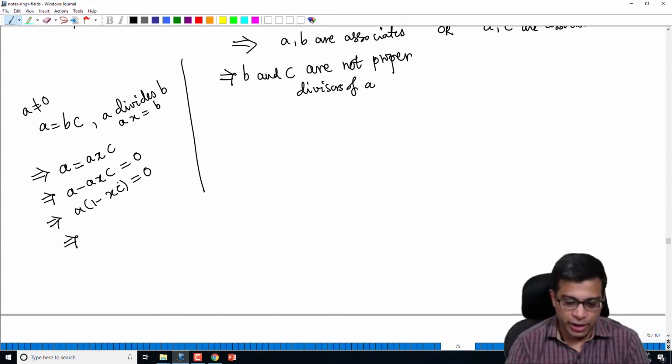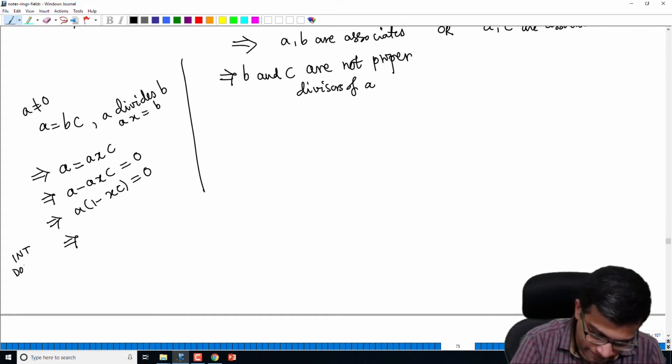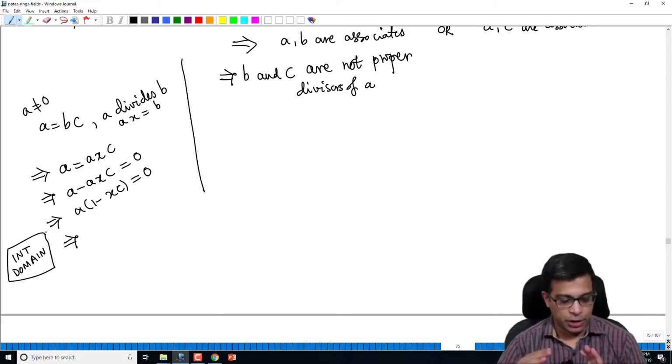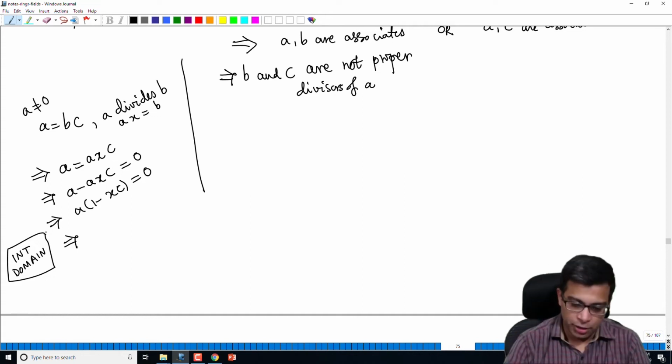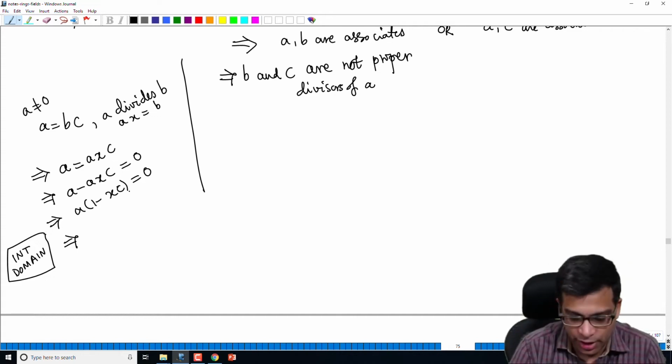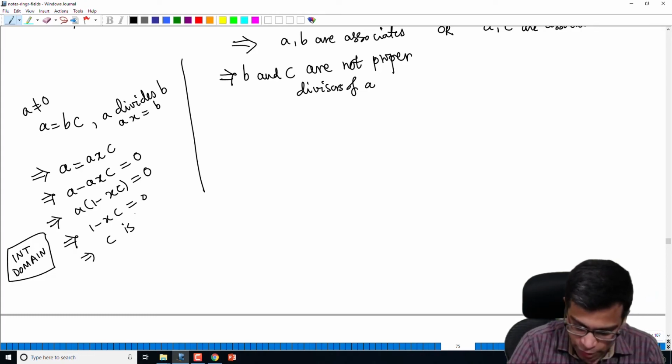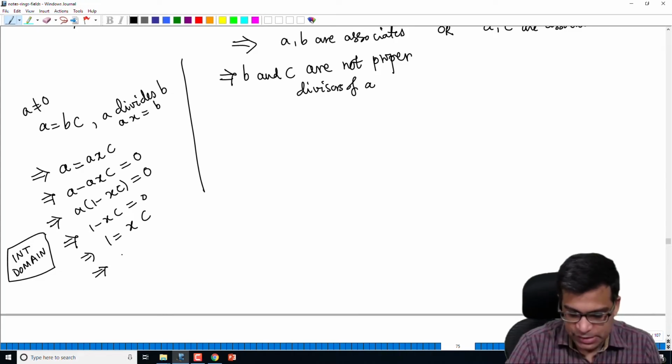Now here is where integral domain is important. In all this subject of when we talk about irreducible and prime elements, we are assuming that we are in an integral domain. So if A times 1 minus XC is 0, A is non-zero, so 1 minus XC is 0. That means C is a unit, right? Because 1 equals XC, that means C has a multiplicative inverse.